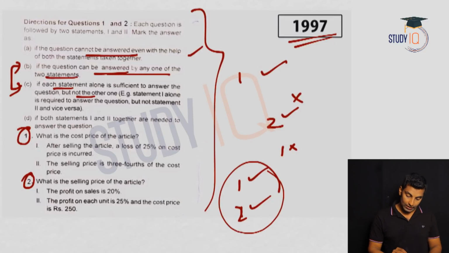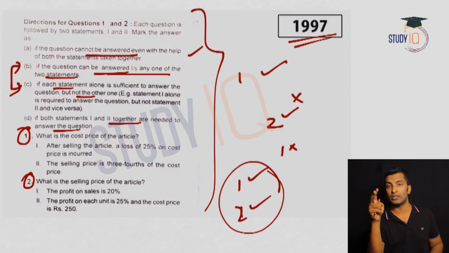Now what is the last one? Both 1 and 2 together are needed for answering the question, right? So 1 alone will not help, 2 alone will not help, but 1 and 2 together will help you to answer the question. So I hope you got the idea about the 4 answer choices. The first answer choice says even if you combine the two statements, you cannot answer. The second says you can answer with statement 1 alone or with statement 2 alone.